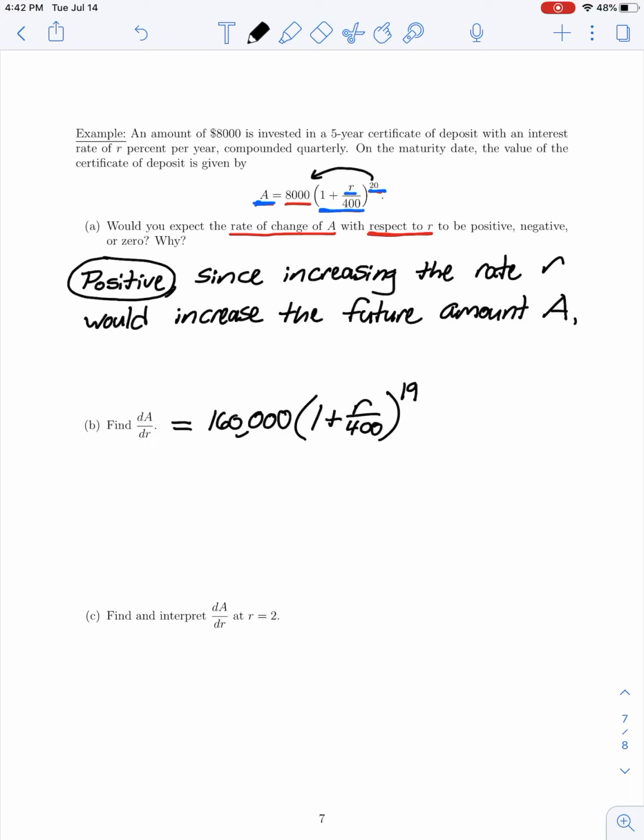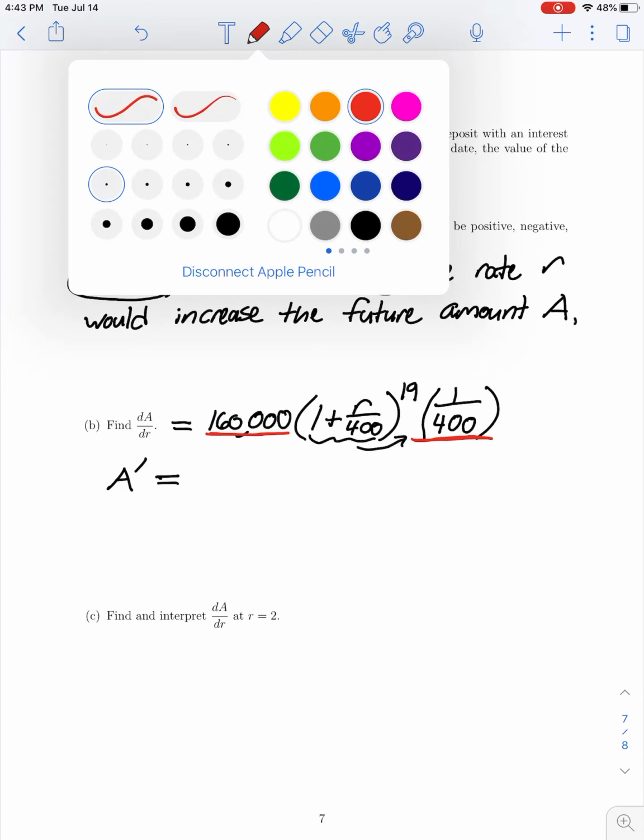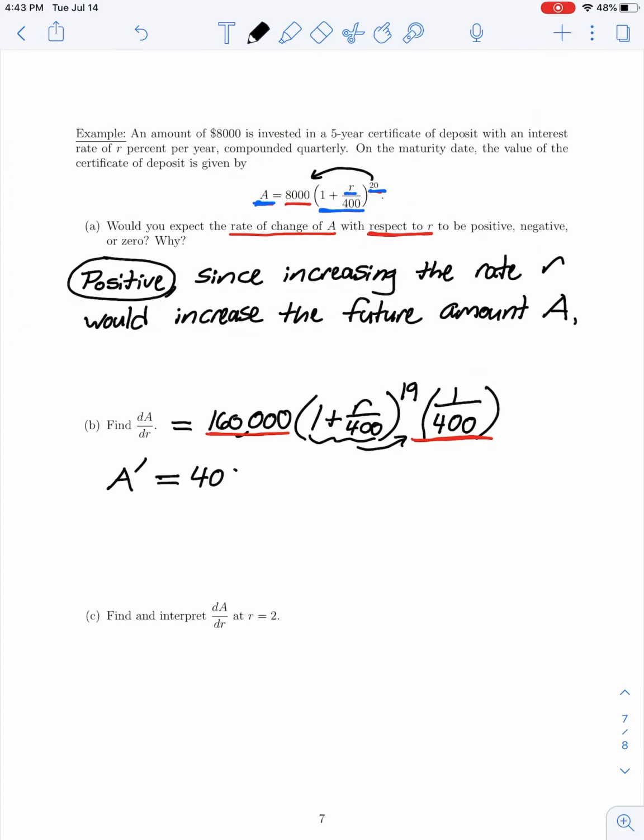But we still have to multiply, using the chain rule, by the derivative of that inner function, which here is just linear. It's 1 plus r over 400, so our derivative is just the slope of that line, 1 over 400. So simplifying a little bit, we would have our derivative, let's maybe call it A prime, would be our 160,000 out in front multiplied by the 1 over 400 on the end leaves us with 400.